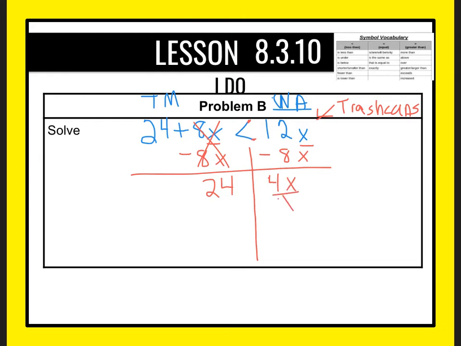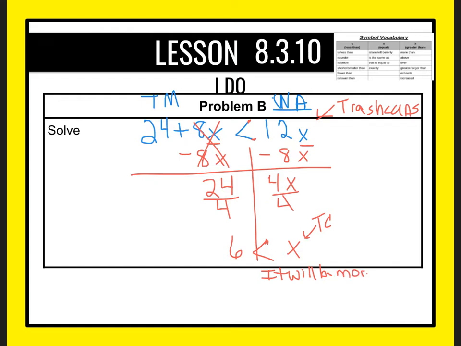Well, I'm going to divide by 4 on both sides, and I'm going to bring my inequality straight down. That means that my trash cans, right, the trash cans have to be greater than 6. I have to empty more than 6 if Waste Away is going to be more expensive, right, to the customer. So this says, right, it will be more expensive.